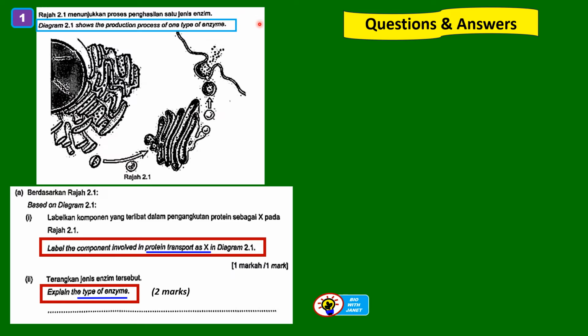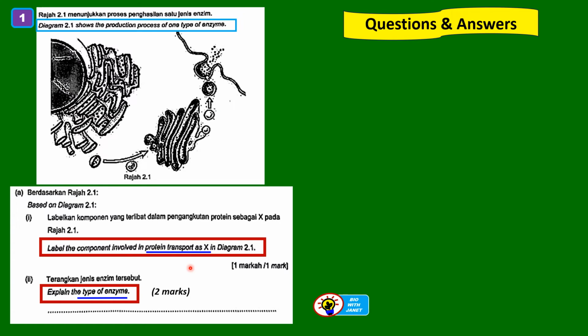Okay, number one. Diagram 2.1 shows the production process of one type of enzyme. So our question is, label the component involved in protein transport as X in diagram 2.1 here. So you're supposed to label the component involved in protein transport. Highlight this word, protein transport.